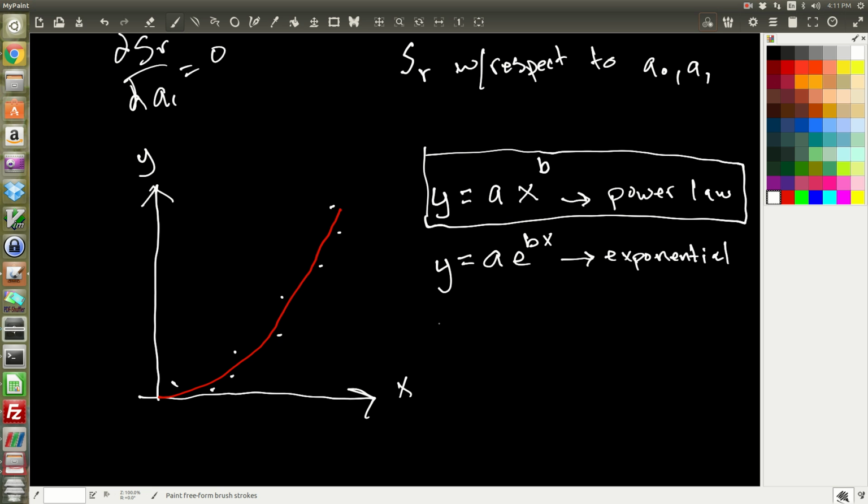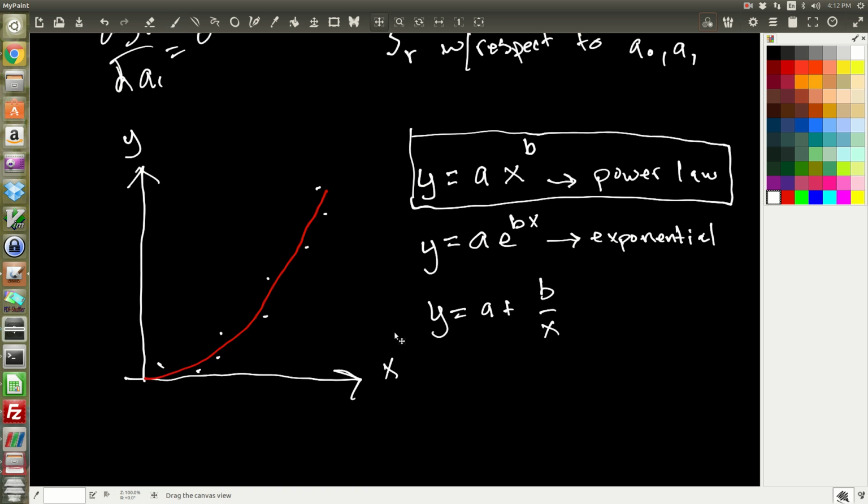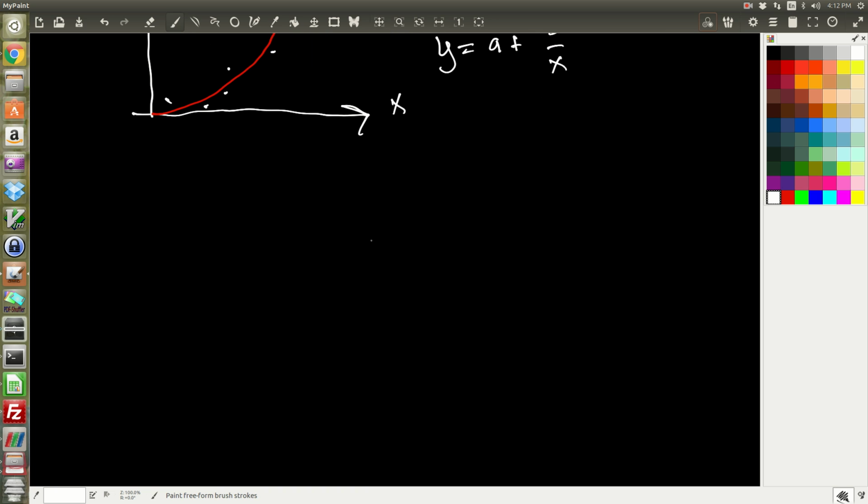There's many others, but like hyperbolic. Hyperbolic looks something like this. This is linearizable. A plus b over x. And so these equation forms can be converted to linear equations. And that's what I mean by linearization.